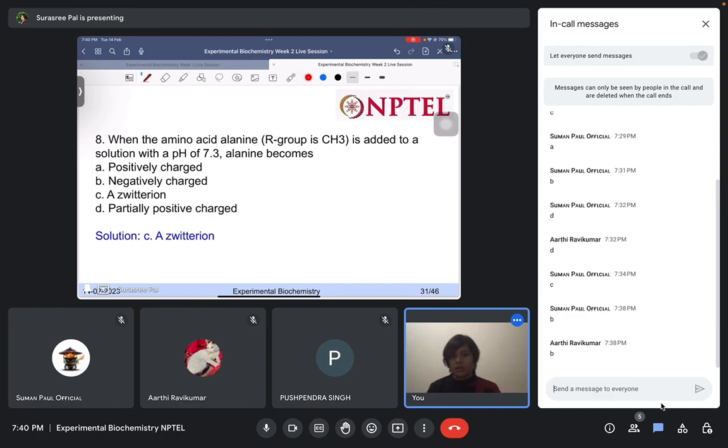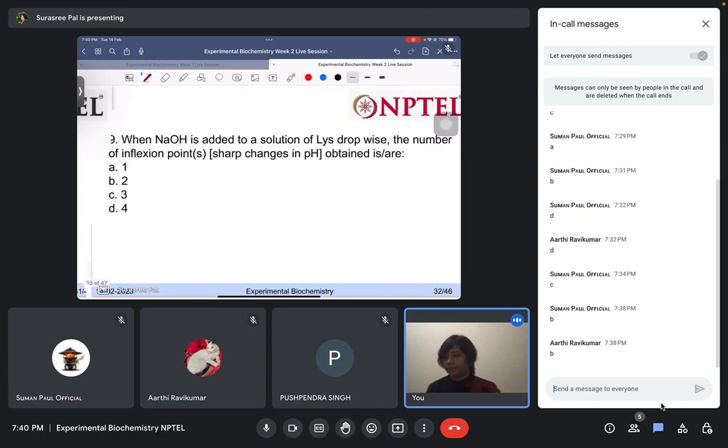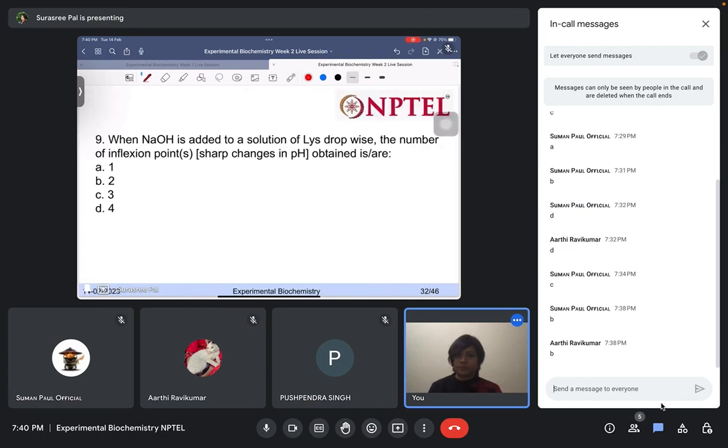Okay. Next question. So we have studied the titration curve of lysine, and what is the number of inflection points in this titration curve? Inflection points means the number of the sharp changes in pH.